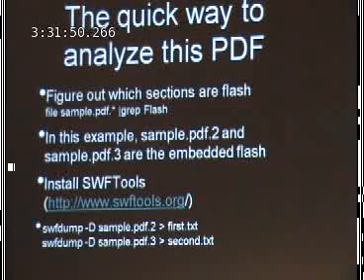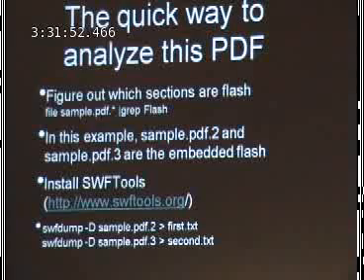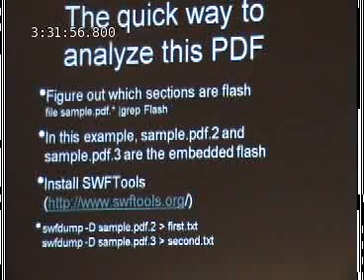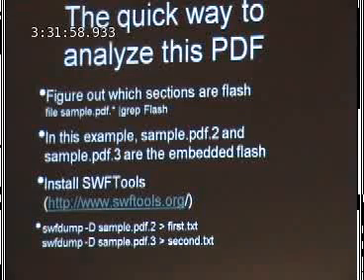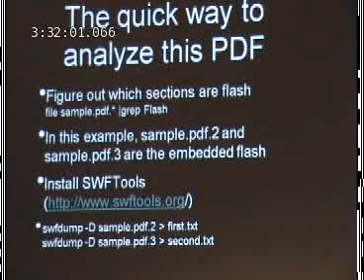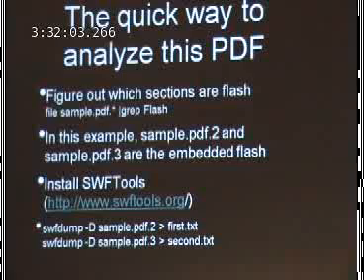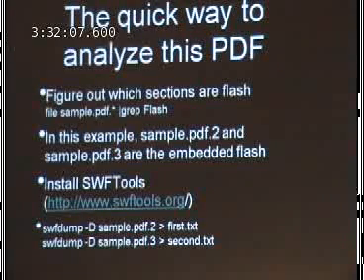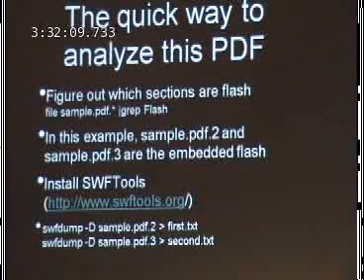There's an open source project called Shockwave Flash Tools that has a program that'll dump the ActionScript out of the Flash file and disassemble it into essentially the VM assembly code.